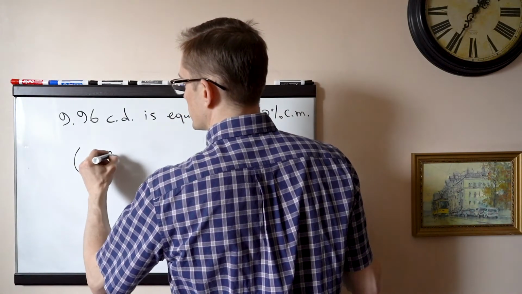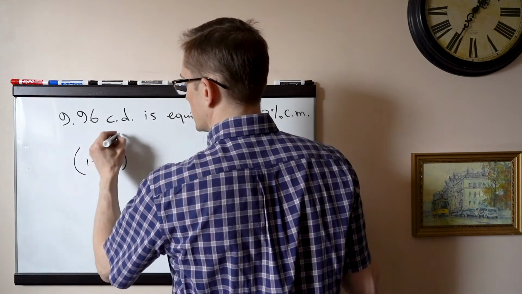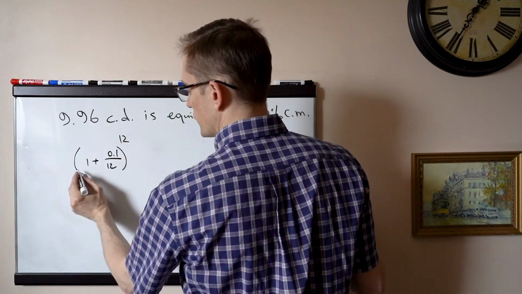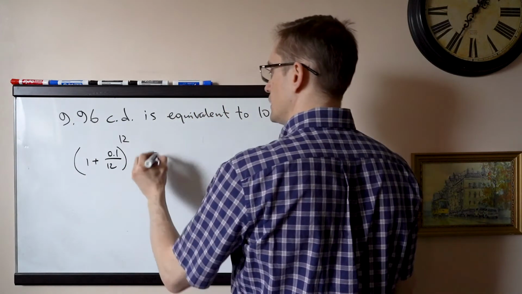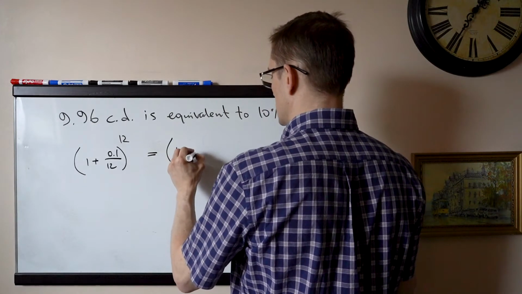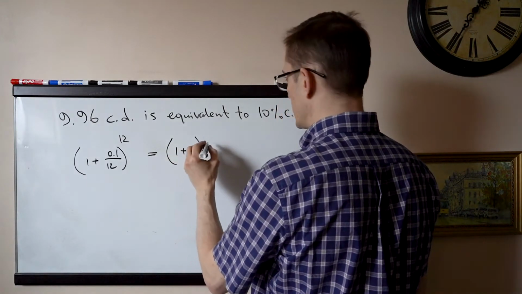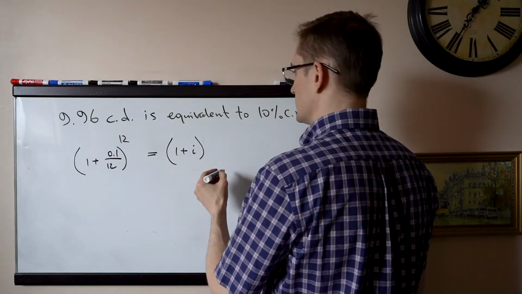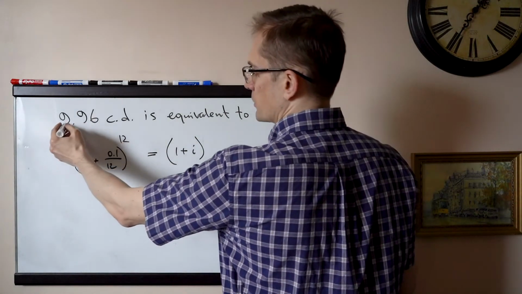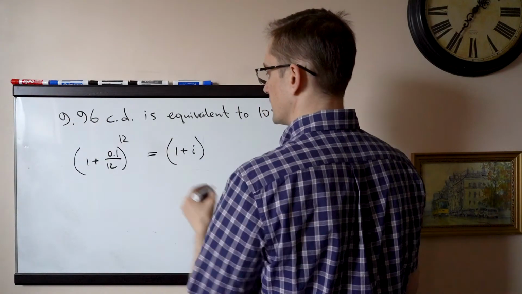So we had 1 plus 0.1 divided by 12, which is the future value of $1 after 1 year. That is equal to 1 plus I, the new rate that we found, in this case 0.0996 divided by 365.